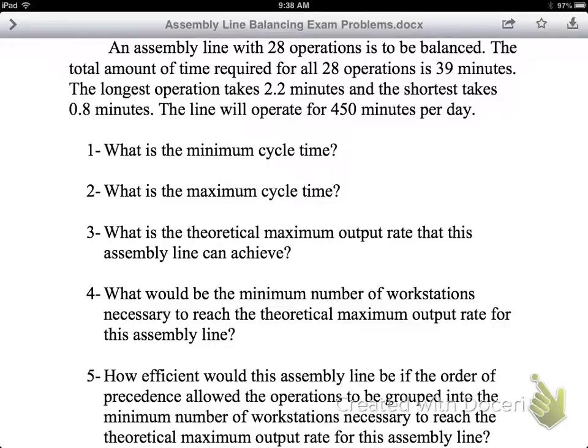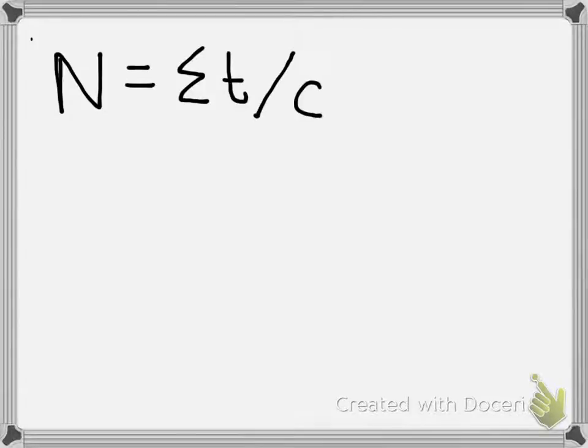Let's move on to question number 4. What would be the minimum number of workstations necessary to reach the theoretical maximum output rate for this assembly line? We remember that the number of workstations equals the sum of our tasks divided by cycle time.